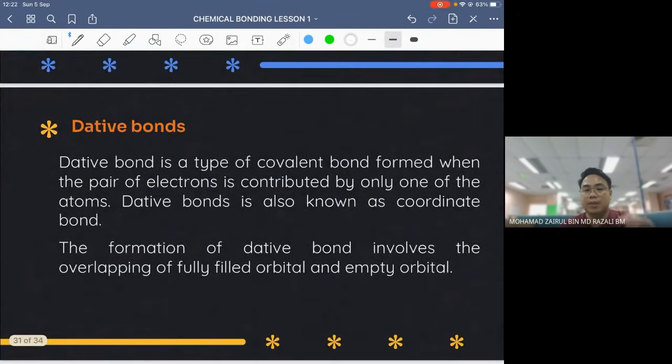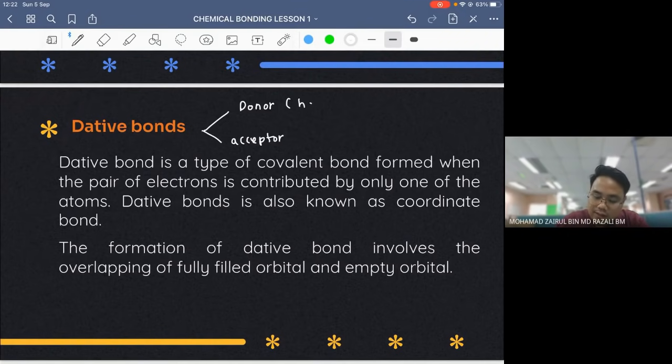So dalam dative bond kita ada 2 types of atoms: the donor atom and also the acceptor. The requirement for the donor atom, dia mesti ada at least one lone pair electron on the atom.